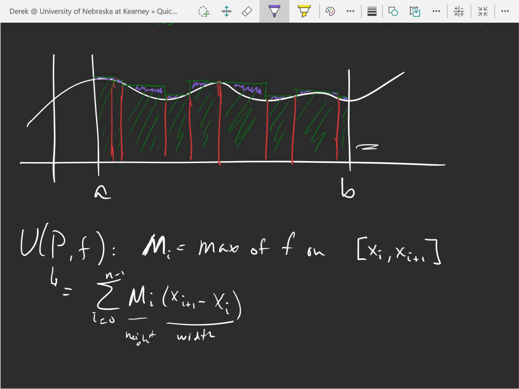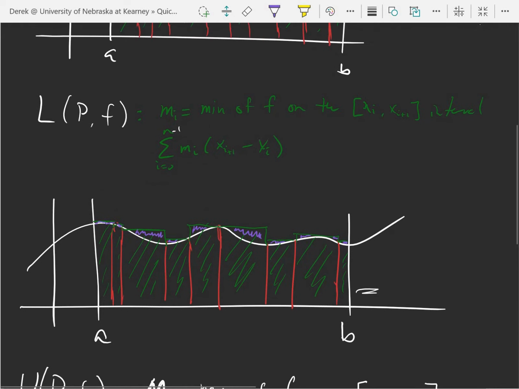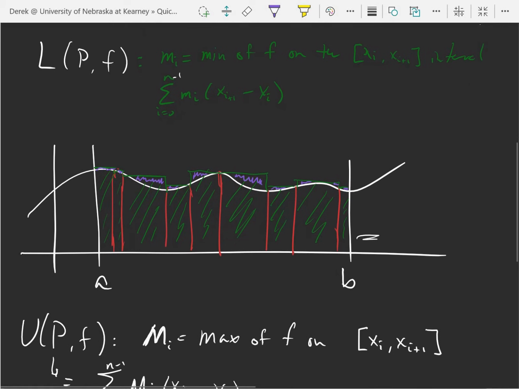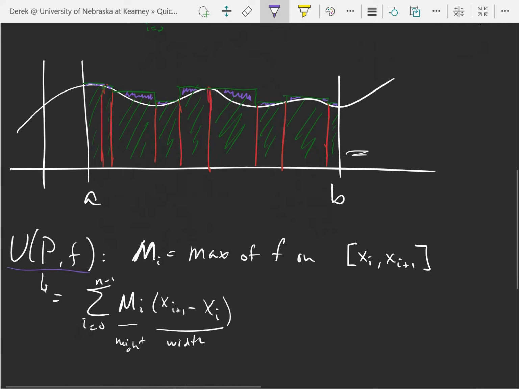As your partitions got finer and finer, these overestimations and underestimations got smaller and smaller for Riemann integrable functions, and we were able to compute what the actual area is by looking at the supremum of the lower guys, what's the biggest that a lower integral could be, versus the infimum of the upper guys, what's the smallest the overestimates could be, and if they matched, we said the function was integrable.